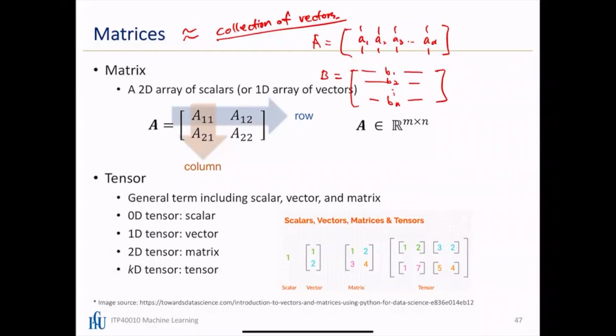Anyhow, given a matrix, this direction is called a row, and this direction is called a column. A tensor is some kind of generalized notion. You may have heard of the vocabulary tensor, and this is sort of like an array for us.